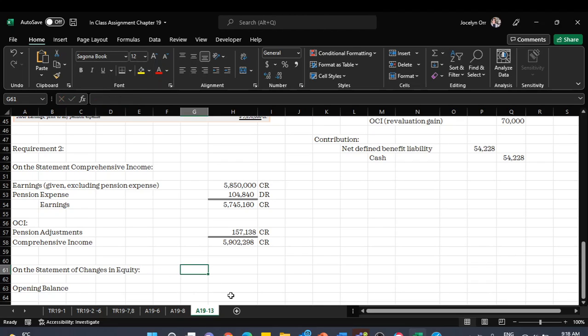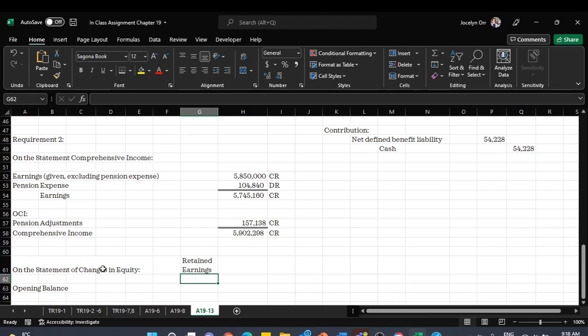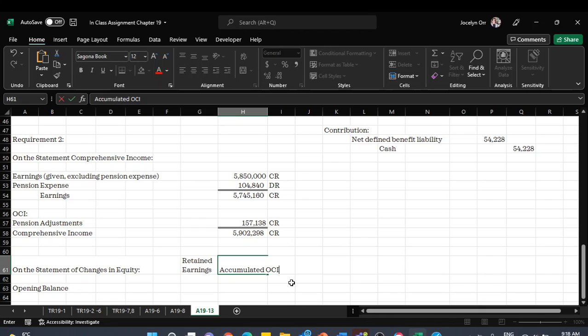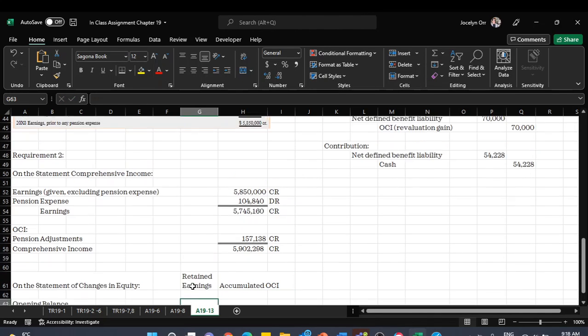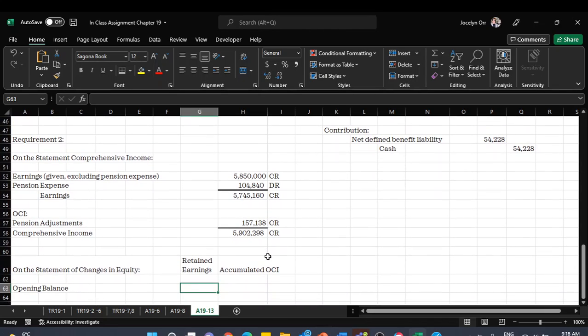Okay, and there's actually two components that we're looking at here, our retained earnings, and then also our accumulated OCI and pension. Okay, so our opening balance for retained earnings is given to us as $7,800,000. Okay.